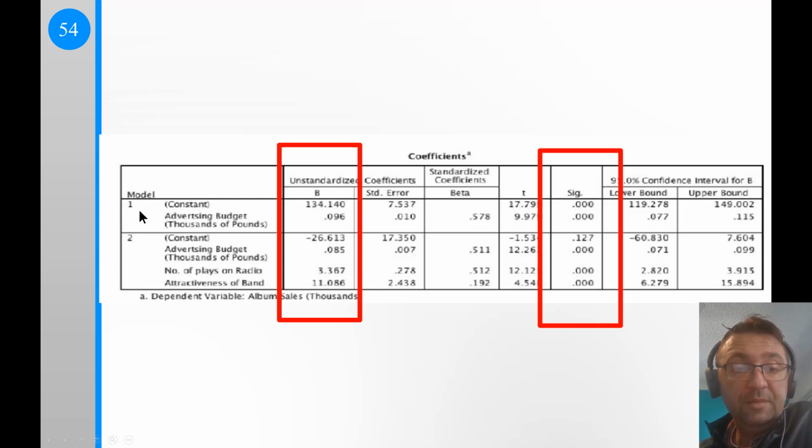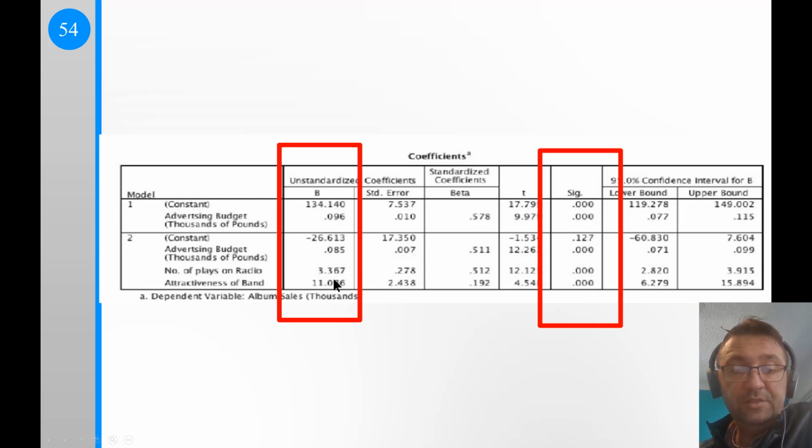We have model 1, which is the original model we ran. It's just the advertising budget as the predictor of album sales. So we've already seen that. Now let's see what happens once we add in the other variables.